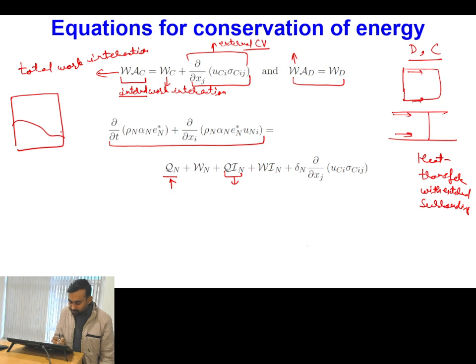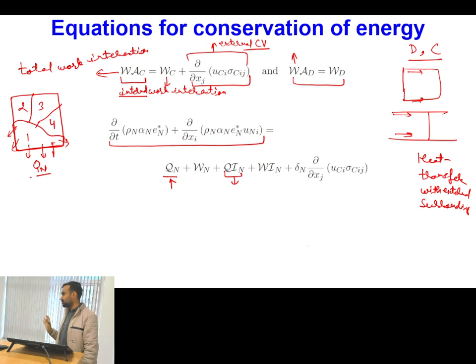Say this is my phase 1, this is phase 2, this is phase 3, this is phase 4. So what will happen? This is a complete control volume. Through these boundaries, this phase 1 is interacting with the surroundings. So in this portion, whatever heat transfer takes place will be my Qn. Is this point clear? But in this portion of phase 1, it is interacting with the second phase.